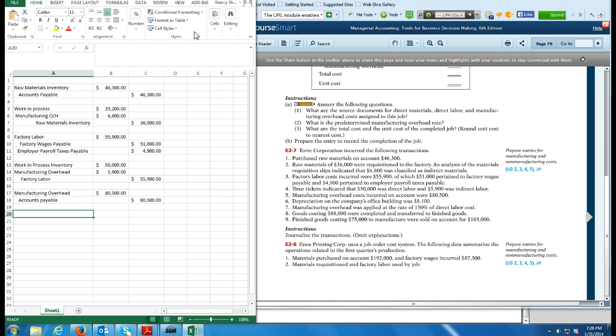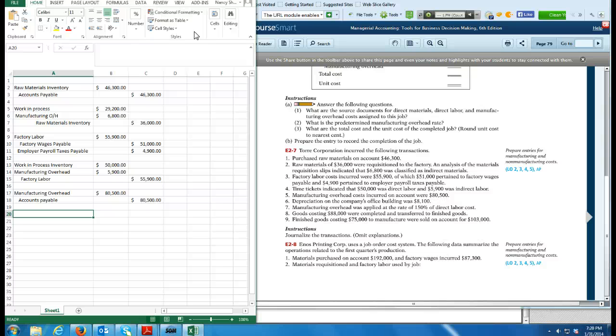Next, we see that depreciation on the company's office building was $8,100. Now, this is a trick one, because when equipment is being depreciated as it relates to the factory, then that would be manufacturing overhead and a credit to accumulated depreciation.